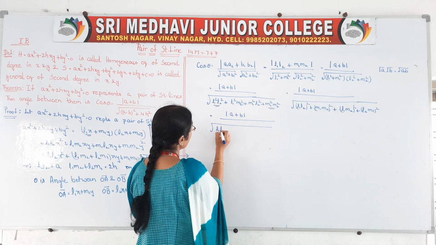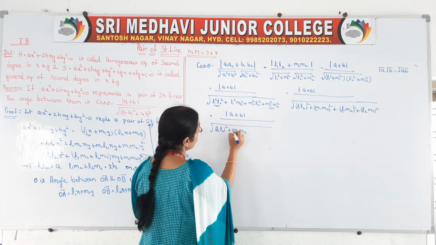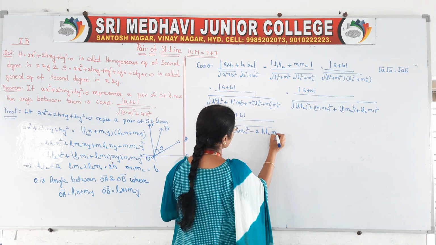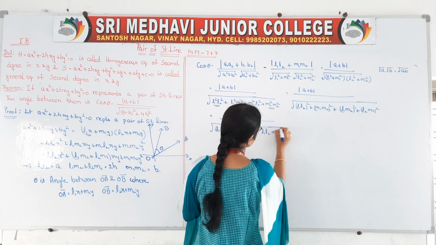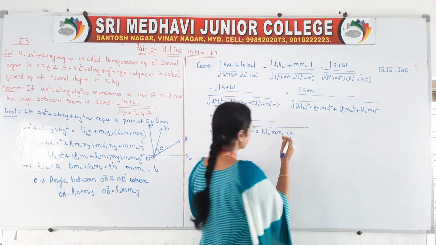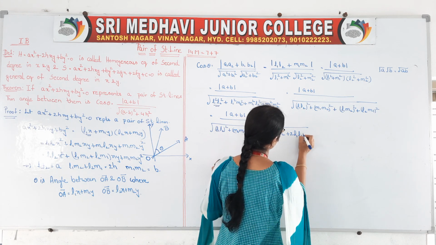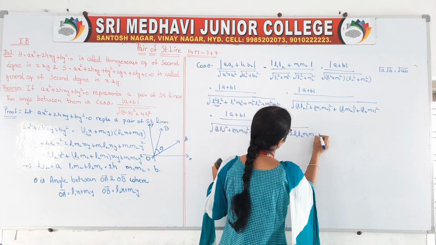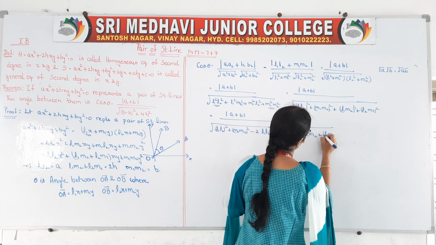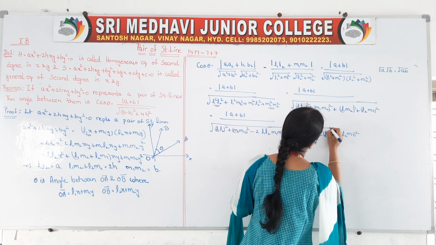So L1 L2 whole square plus M1 M2 whole square minus 2 L1 L2 M1 M2. It is subtracted, so it should be balanced at the end, it should be added. If any value is subtracted, the value should be added: 2 L1 L2 M1 M2, plus these two terms, L1 M2 whole square plus L2 M1 whole square.